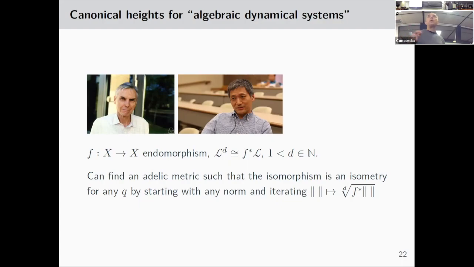That's a new norm on L, and then you repeat this until it converges. And it's fairly clear that this is exactly the local version of the thing that Tate did globally.